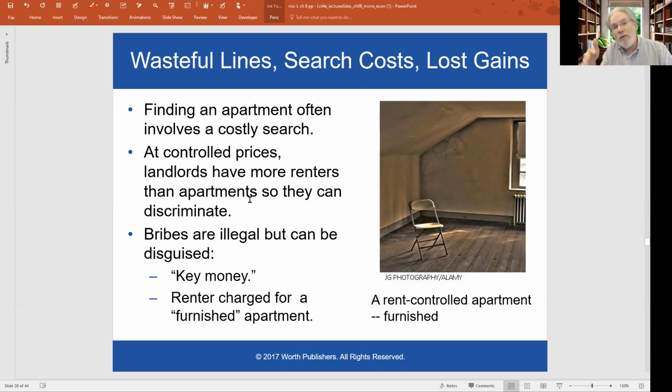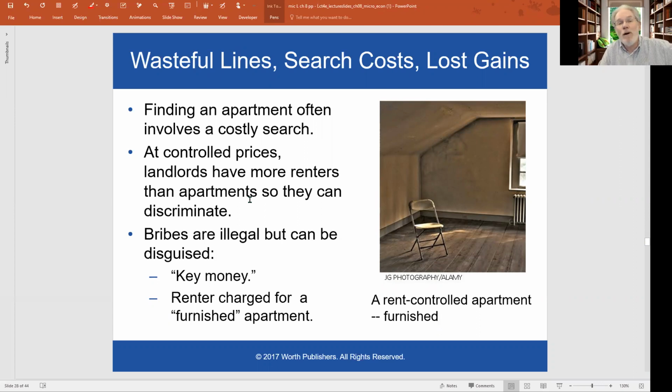So if you're a landlord and you have one unit to rent, and you got 10 people who have applied today for that unit, what does it cost you to discriminate and rent it out to the person you like and not rent it out to somebody else that there's something about them that you don't like? Okay?